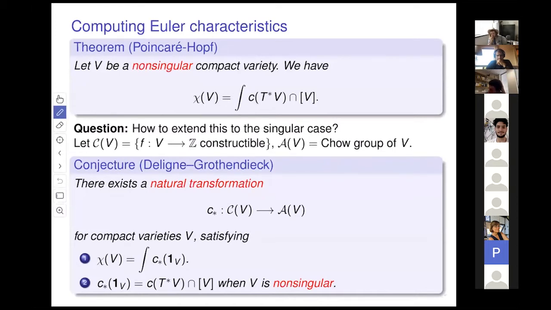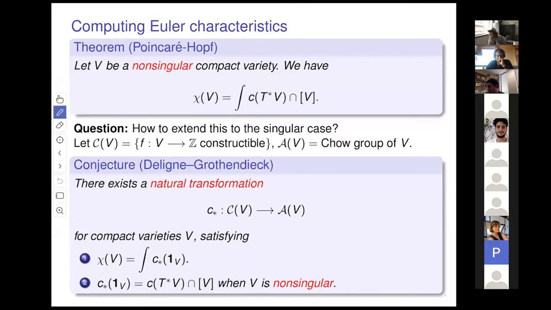There's this famous theorem that says that you can compute Euler characteristics analytically by looking at the zeros of a sufficiently general vector field and counting the zeros appropriately.